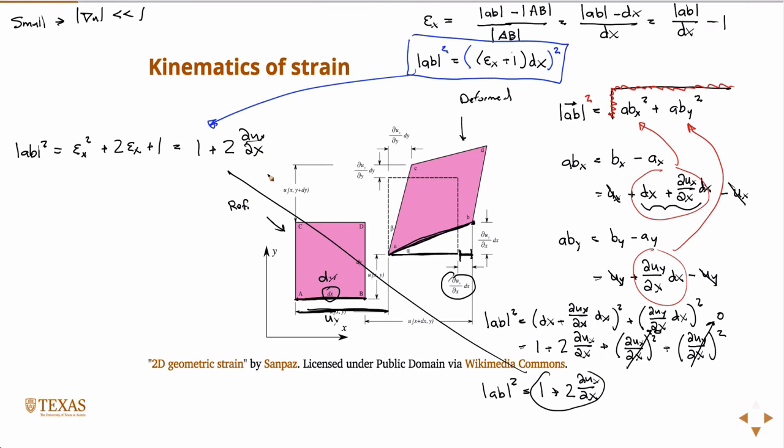So we're almost there. This is one other higher order term, so we're going to ignore it. And now you can see that the 1's cancel, the 2's cancel, and I have that epsilon x equals partial ux partial x. So all of that just to get the same result we had in 1D, sort of.